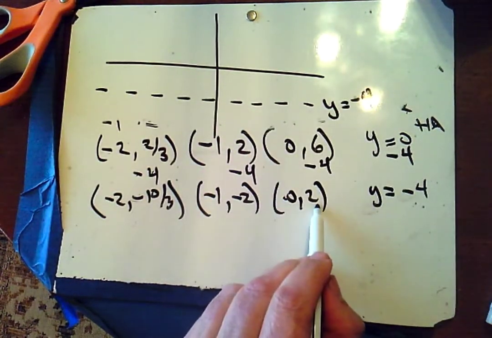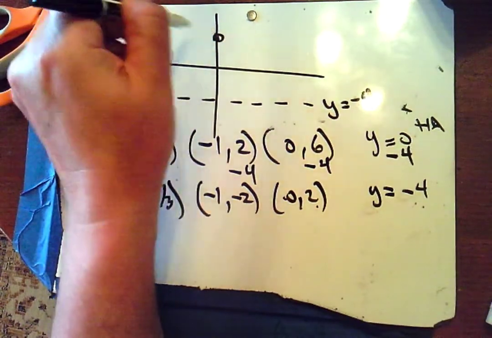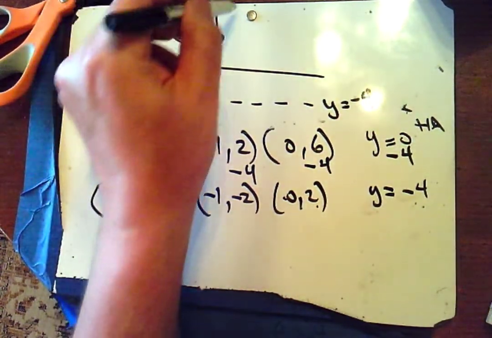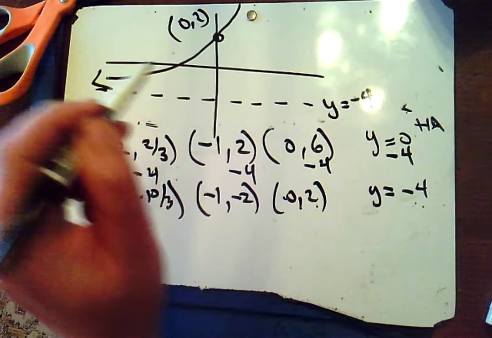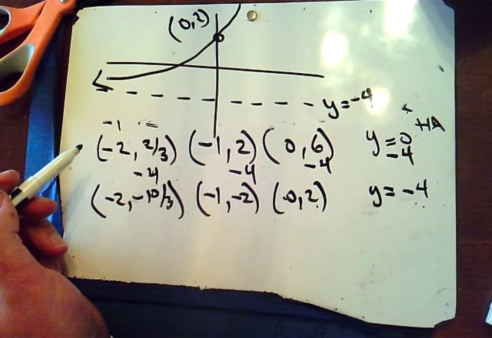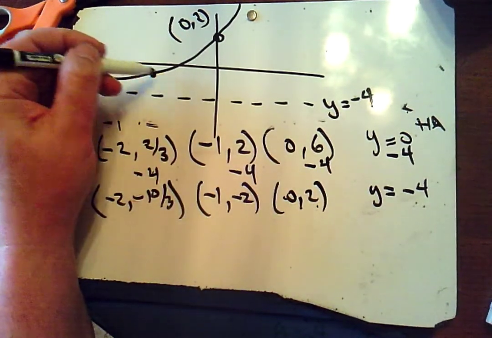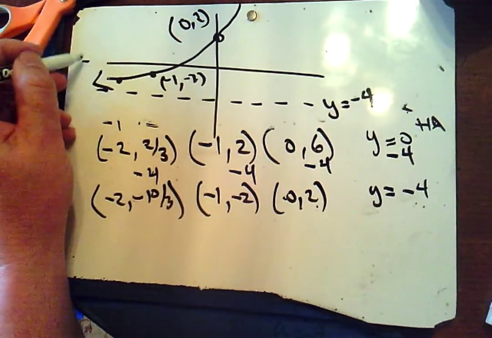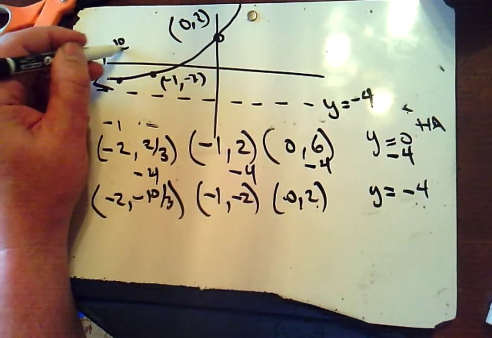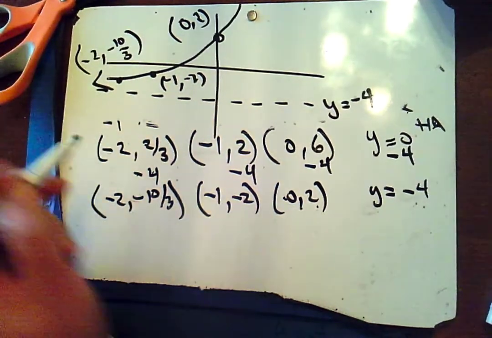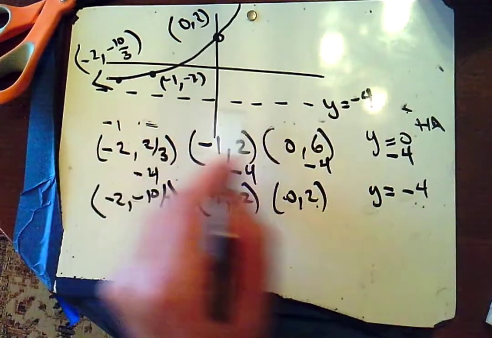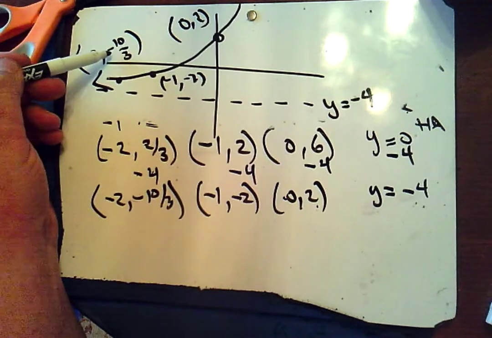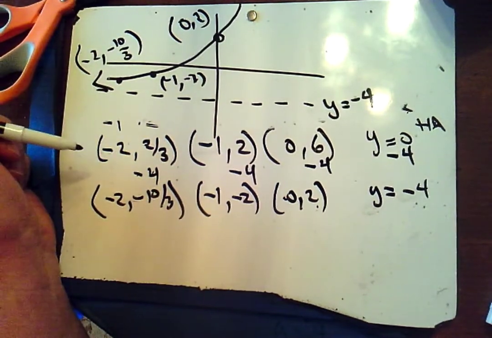We know at 0, we have a y value of 2, 0, 2. So my graph is this, it's exponential growth. I pass through negative 1, negative 2, and over here, negative 2, negative 10/3. Now, this is negative 4, that's negative 12/3, so I know I'm a little bit above it, and that's great.